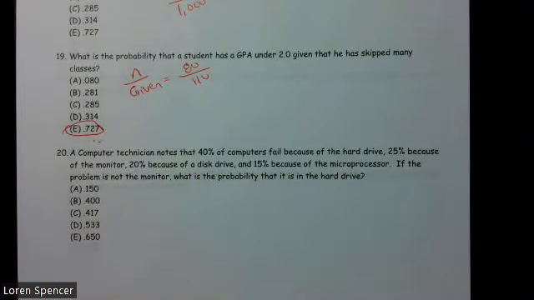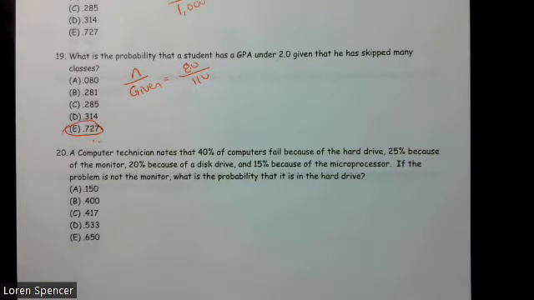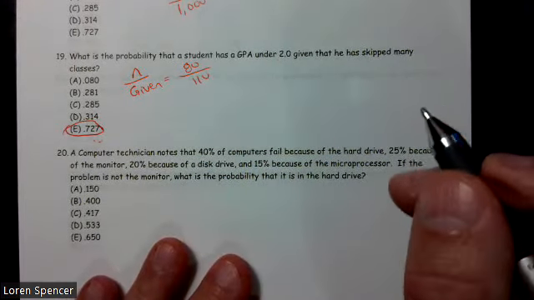All right. A computer technician notes that 40% of computers fail because of hard drive, 25% because of the monitor, 20% because of the disk drive, and 15% because of the microprocessor. Let's just take a moment, add these up.